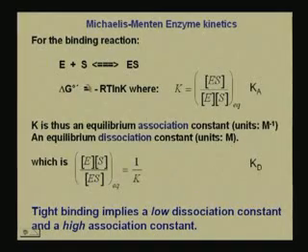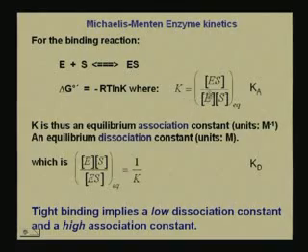So initially I have an enzyme and a substrate that forms the enzyme substrate complex. The formation, you have to remember, you can just think of it as an association. So it is called an association constant, because you are associating the enzyme and the substrate to form the enzyme substrate complex.